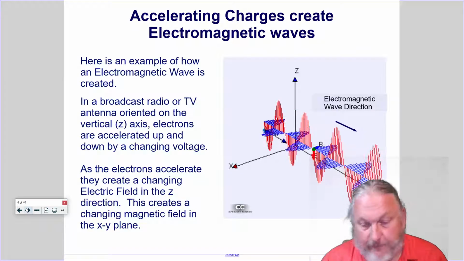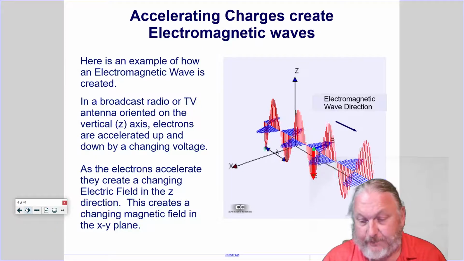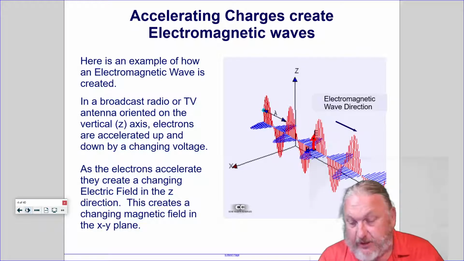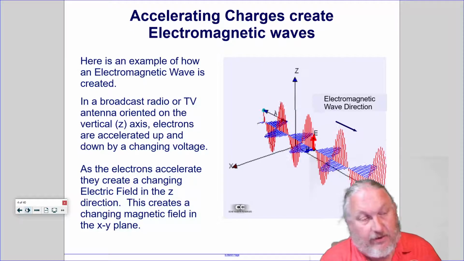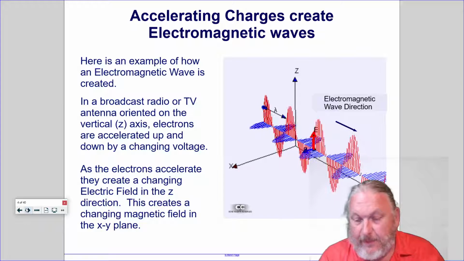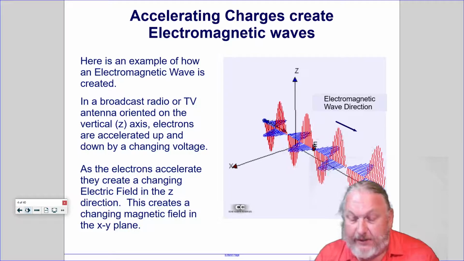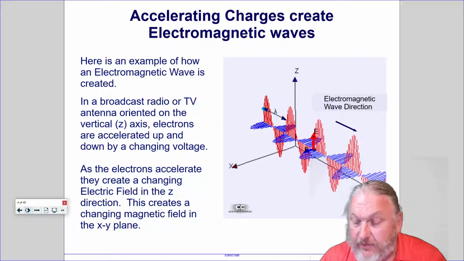This is an example of how the electromagnetic wave is created. If we're listening to an FM radio station, or getting a cell signal, or a TV broadcast, that's going to be oriented along the vertical or z-axis.